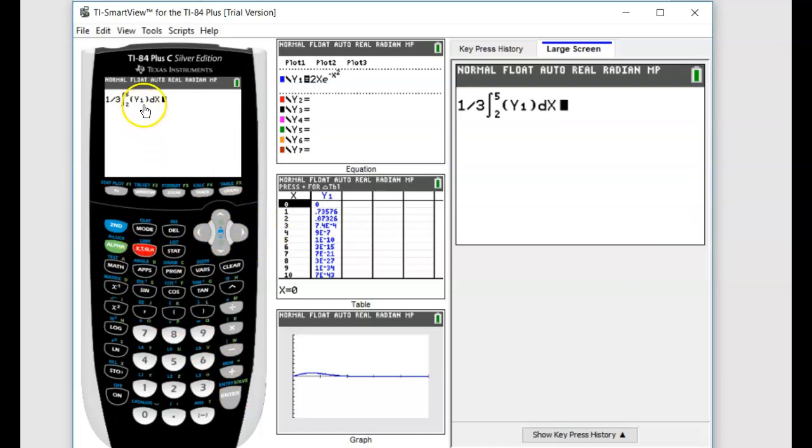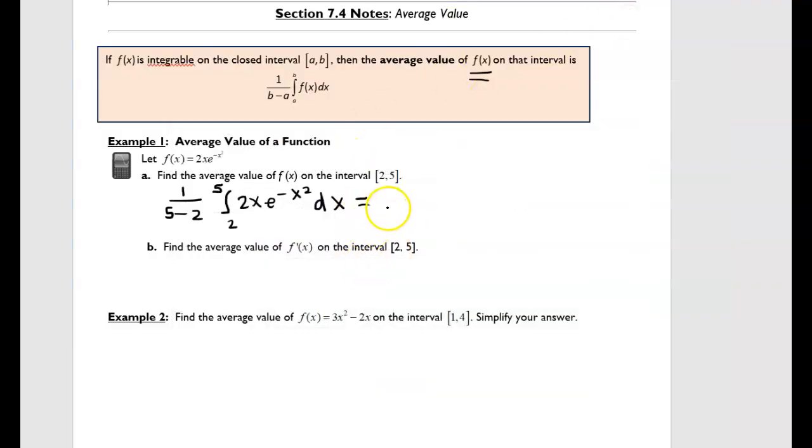You can also just type that function in instead of saving it as y1, but since I already put it in y1 because I will use this in a and b, I can just use the y1 that's there. And so I get an answer of 0.006. Make sure you're going to 3 decimal places.